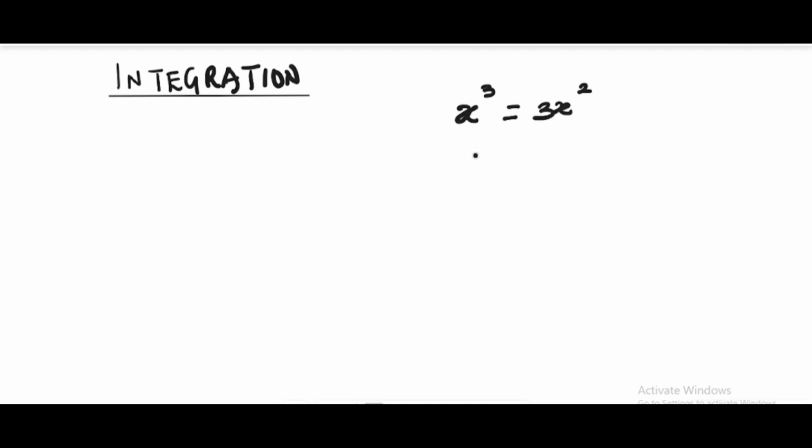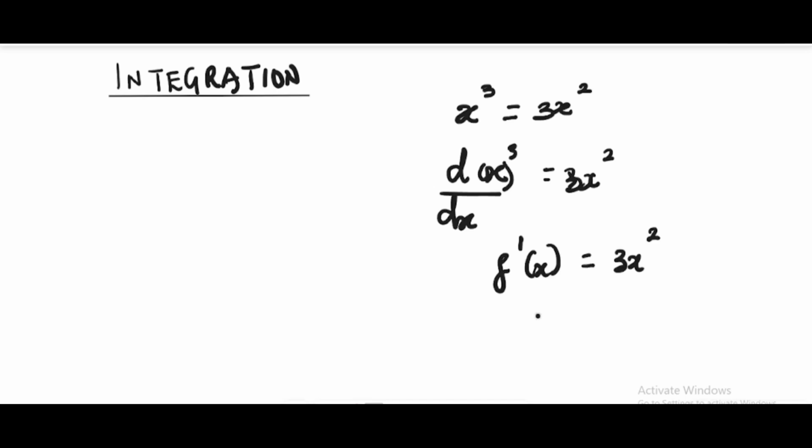If I tell you that the first derivative of x cubed with respect to x is 3x squared, what happens if I give you 3x squared as that first derivative and then tell you to find the original function? That original function is x cubed, right? So that leads us to today's topic, integration.